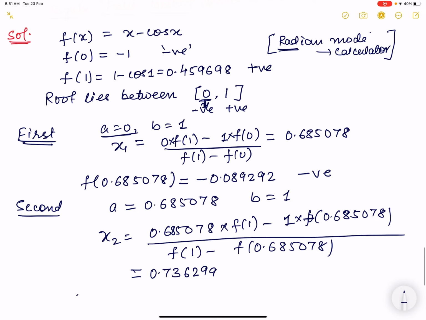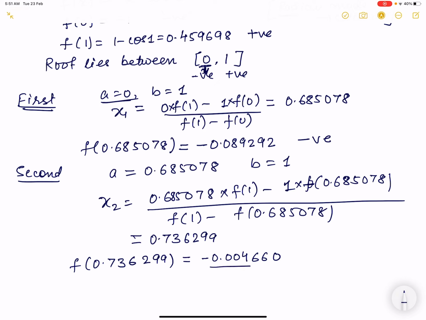Now find the value of the function at 0.736299, and it will come out to be negative, which is equal to negative 0.004660.